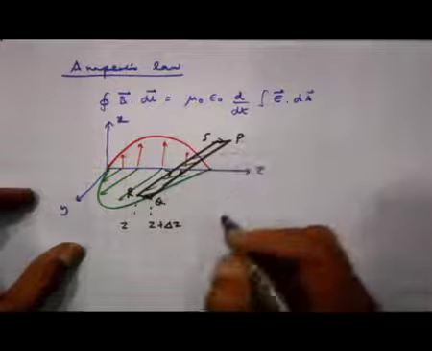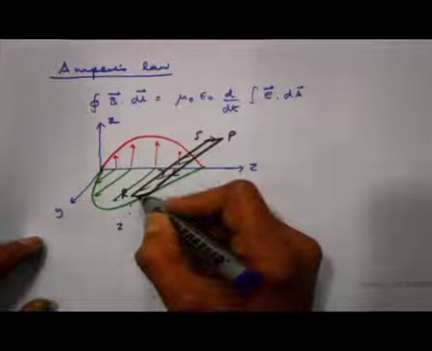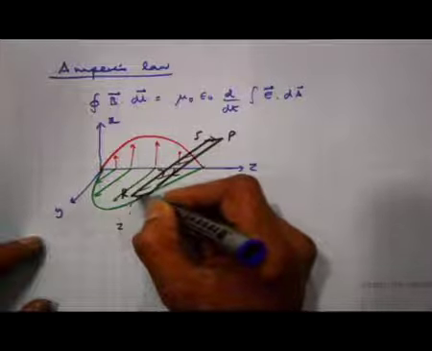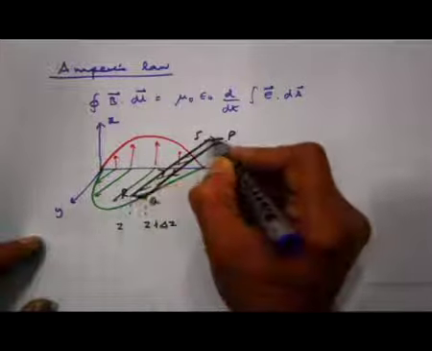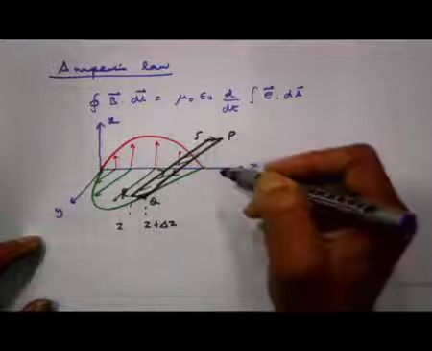That is a complete loop. Now, just like before, the magnetic field is along the y direction and this line is along the z direction, and similarly this line. So, the integrals of B dot dl from Q to R and S to P are 0.